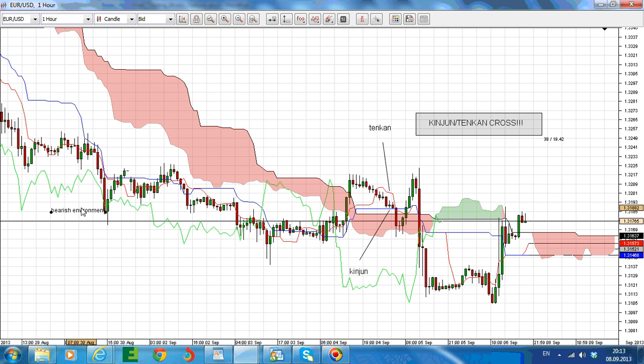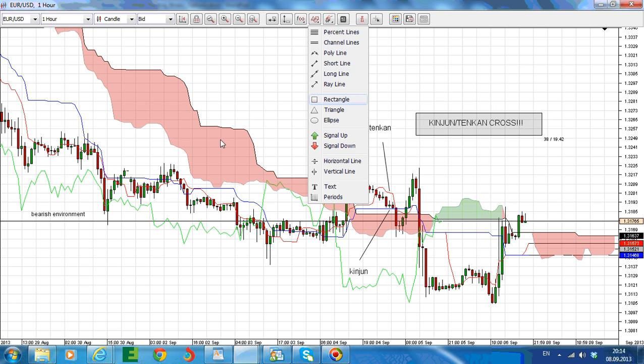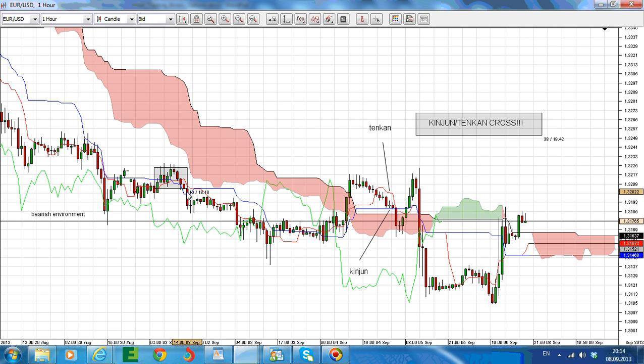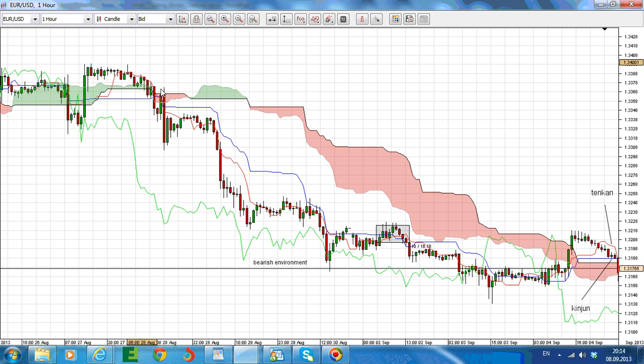And whenever you have a bearish environment, the first clue you need to look for, if you're looking for price to reverse, is a bullish cross between the Kinjun and Tenkan. As you can see, as long as the trend is powerful, price fails even to close above the Kinjun, not to mention to actually make a cross between the two.